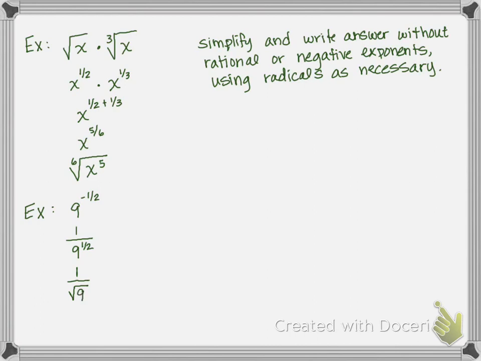And we don't have to write the index of 2 just because it's the square root, but if you want to, you can. It doesn't hurt. And then we know that the square root of 9 is 3, and so this is equal to 1/3. We need to be able to do that without a calculator, because if that was an x instead of a 9, then your calculator is not going to do anything for you, or really any other number that's not a perfect square.